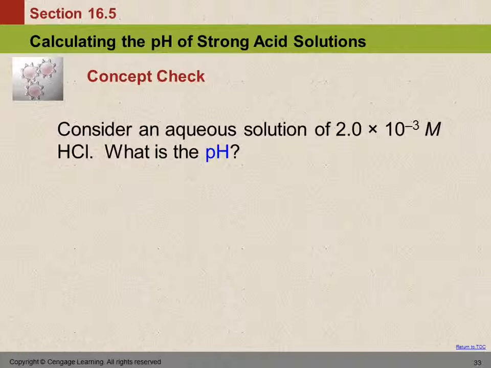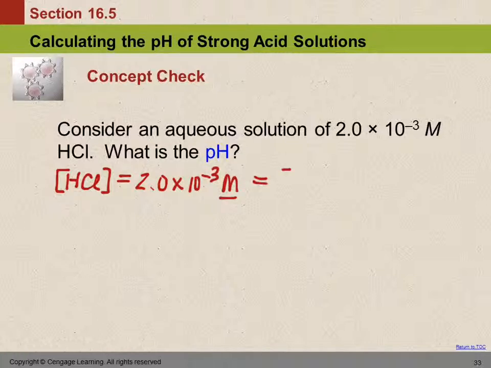So if we see this HCl, the concentration is 2 times 10 to the minus 3rd. Let's write this out. The concentration of HCl equals 2.0 times 10 to the minus 3rd molar. That is equal to the hydrogen ion concentration, because every molecule of HCl will produce 1 hydrogen ion.